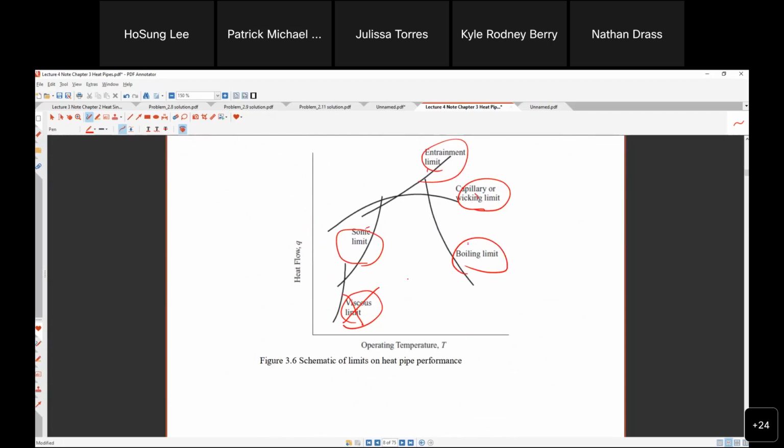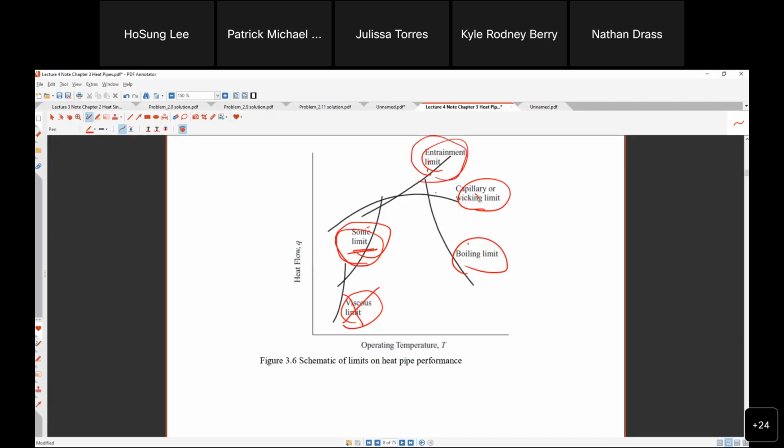What is the sonic limit? The vapor flow reaches sound velocity and a shock wave, so there is no more supply. It's a shock. That's the limit of vapor flow when it reaches a shock wave.